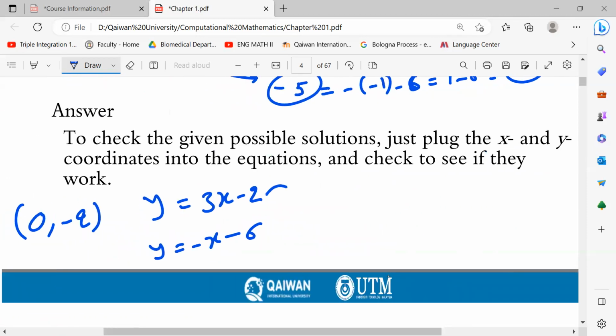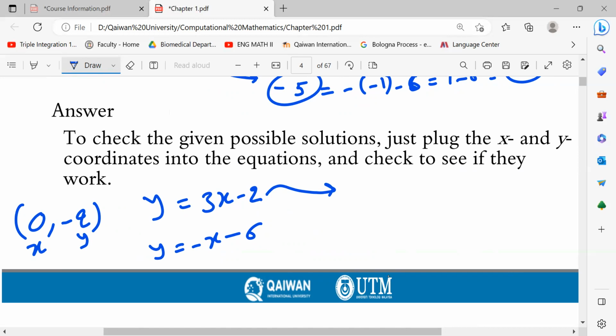For the first equation, this is the x value and that's the y value. You should know that if we have two values in brackets, the first one is for x and the second is for y. If you have x1 and x2, the first one is x1 and the second is x2.